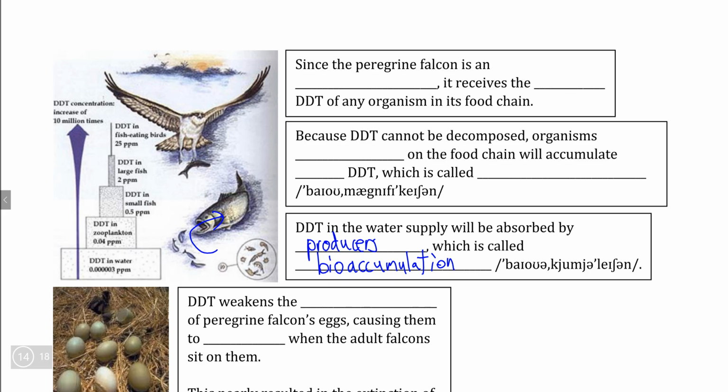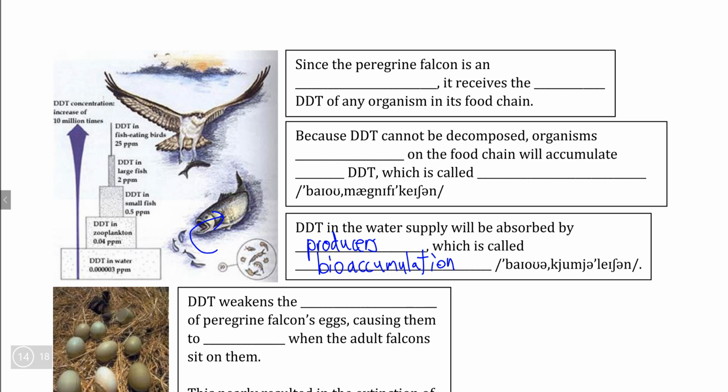Now, all living things absorb toxins almost on a daily basis, but our bodies have a way of either breaking down or getting rid of the toxins because our body knows how to deal with them, but DDT doesn't have that ability because it's not a naturally occurring substance.